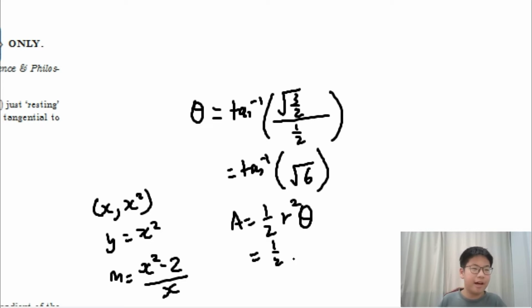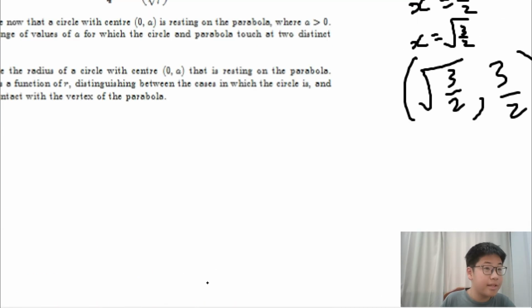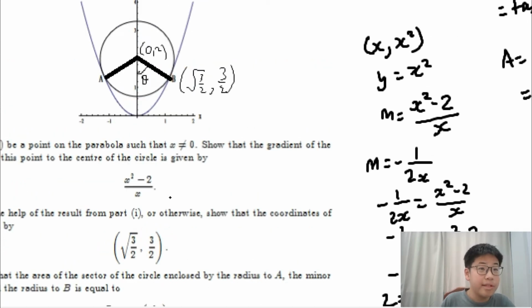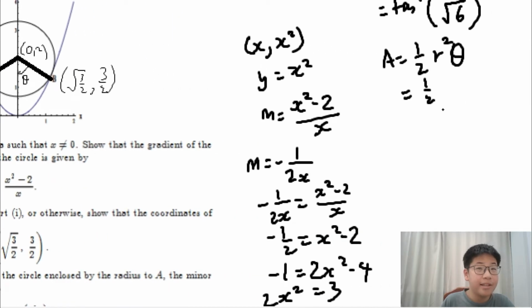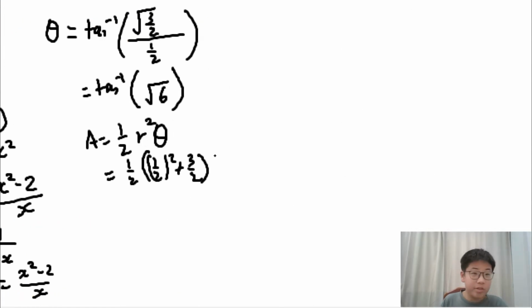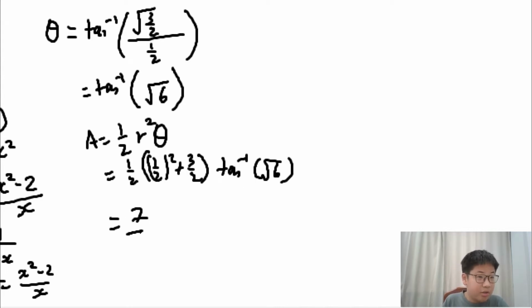Half r squared turns out to be, using Pythagoras here, half squared plus square root of 3 over 2 squared. Half squared plus 3 over 2, times tangent inverse the square root of 6. We are going to use tangent inverse for now, but we are going to see why it is put in cos, equal to 7 over 4 tangent inverse the square root of 6.